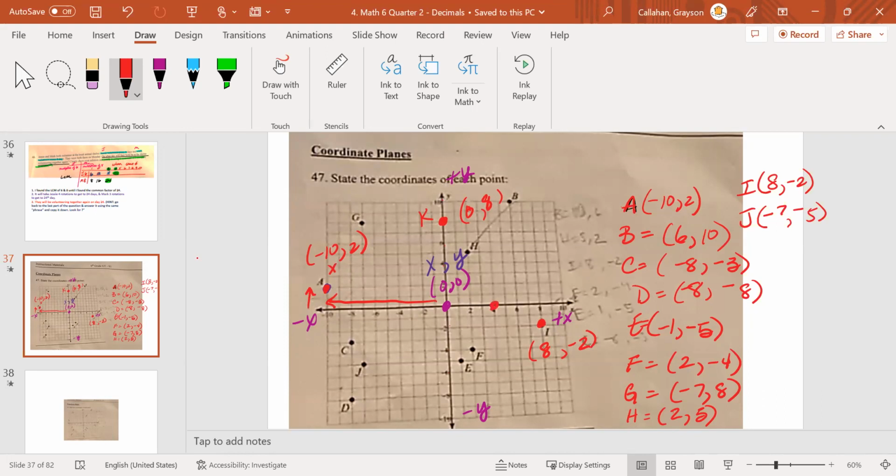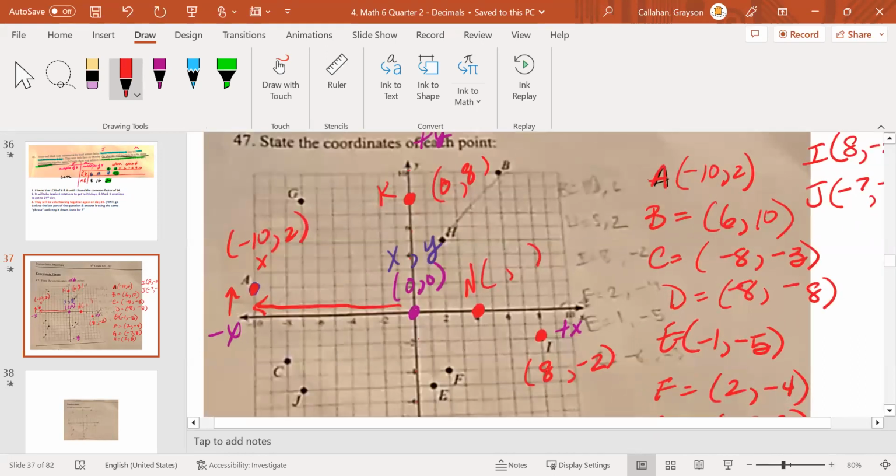What about the location of this one right here? This is just an extra one. N is 4 and 0. Good. I think you're probably good with this.